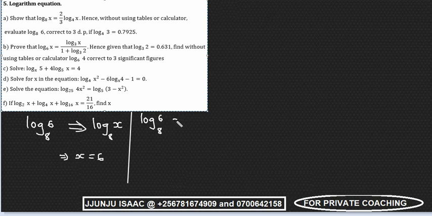It will be equal to 2 out of 3 log base 4 of 6 if my x is 6. So now you can see that from here you can create a log base 4 of 3, because this 6 can be written as log base 4 of 2 times the 3.